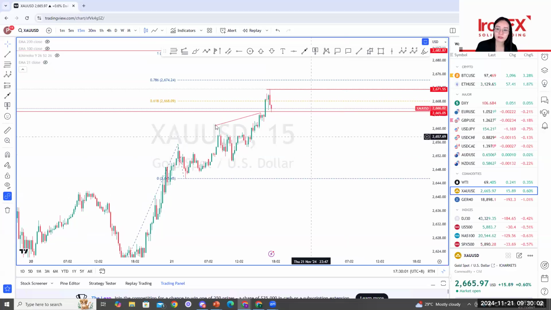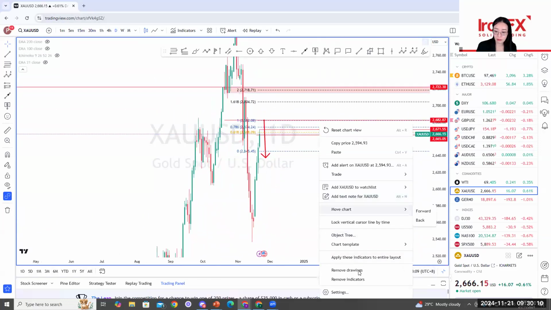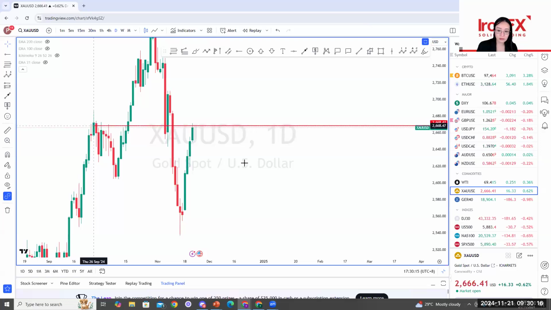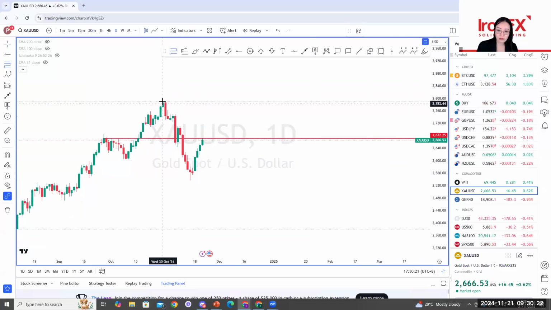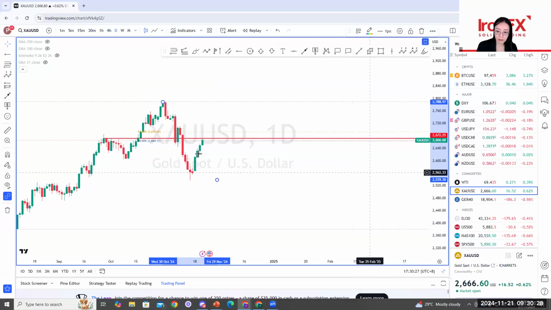What about what is happening with gold? Okay, let me see. You want to identify the resistance level, should be somewhere around here, right? I think that would be 50% or slightly 61.8 or 50% right here.